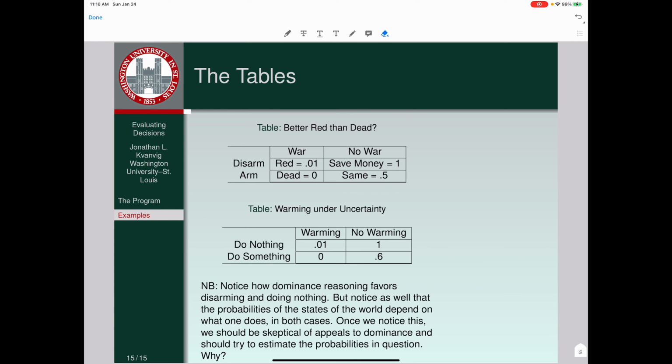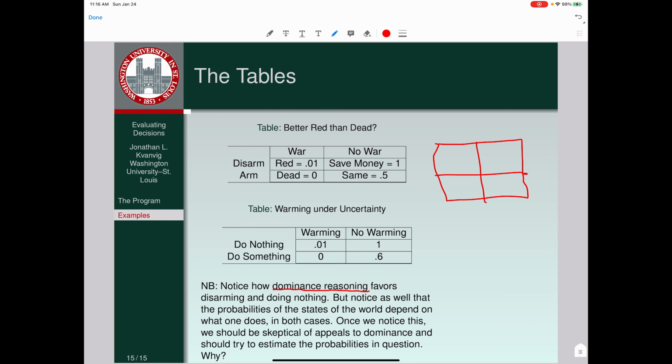So the crucial thing to remember is don't resort to dominance reasoning to evaluate a case unless you're very confident that the states and the acts are independent of each other.